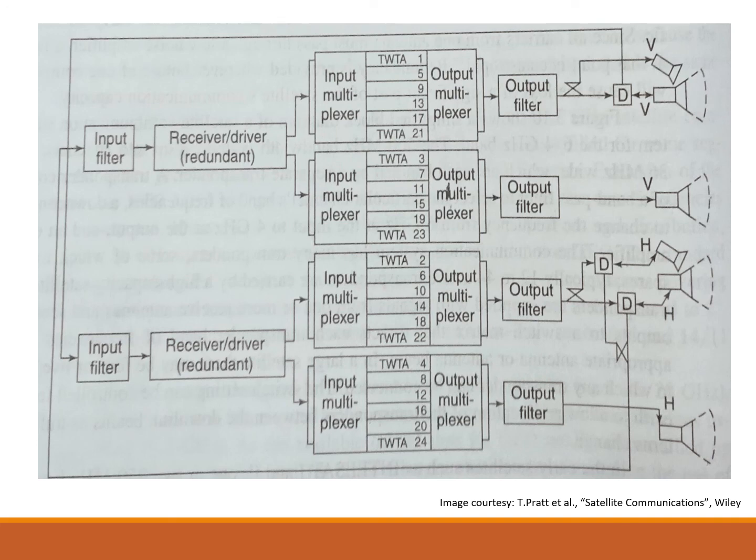Using traveling wave tube amplifiers, the low-level signals are converted to high-level downlink signals for transmission towards the earth station. The output multiplexers are used to provide the required attenuation. And the downlink signals are combined by using output multiplexers, and then they are transmitted to the earth.